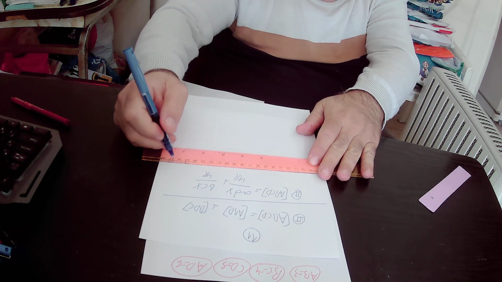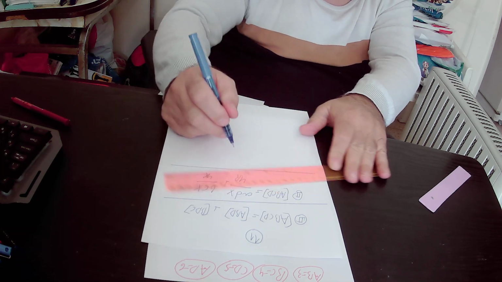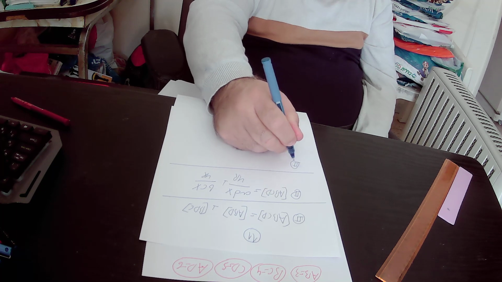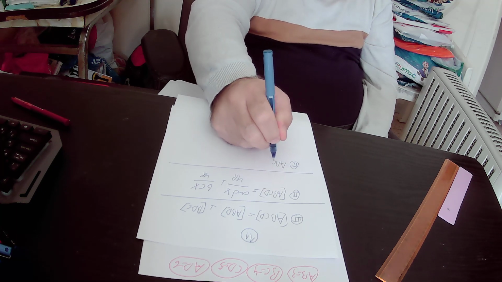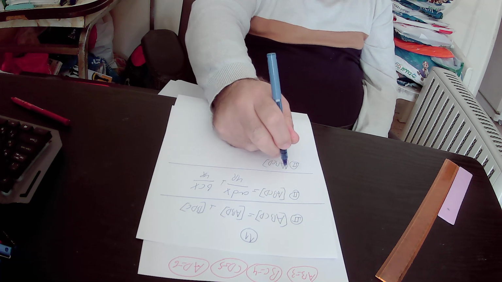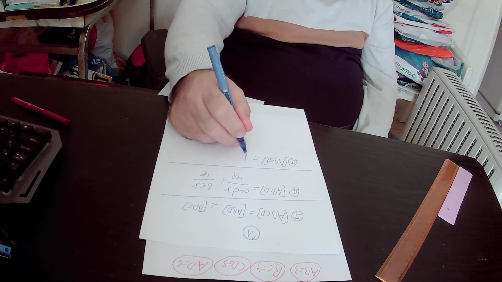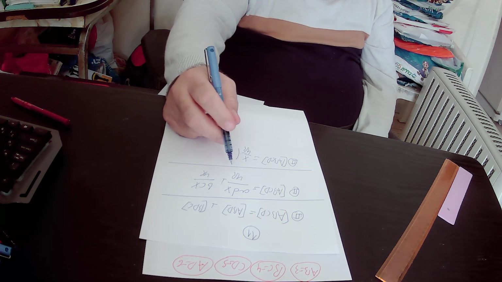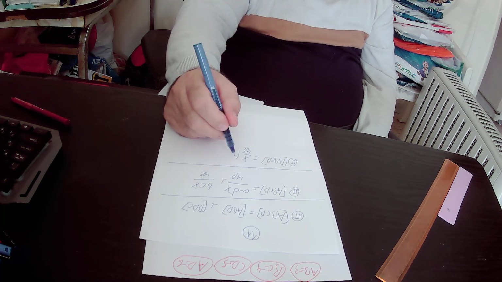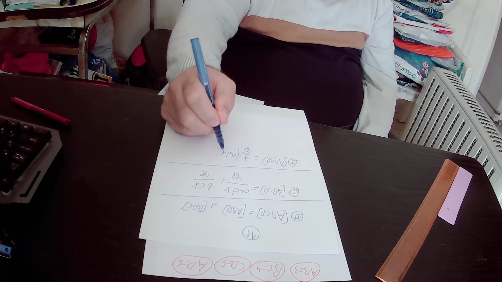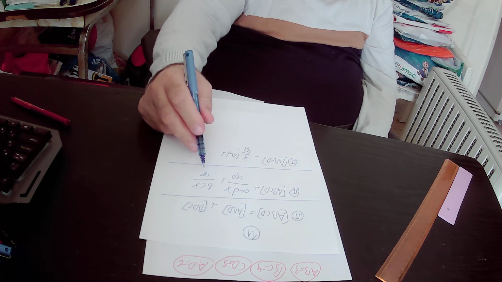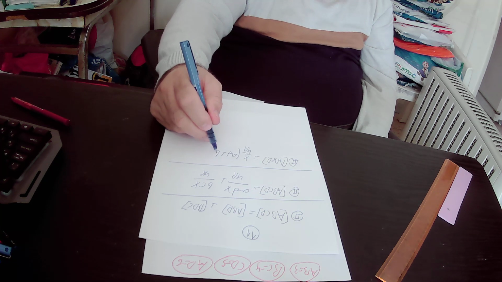Here we will take a common factor of x over 4R out of these two expressions, and we will get that the area of quadrilateral ABCD according to equation number 2 equals x over 4R, and inside the brackets we will have AD plus BC.